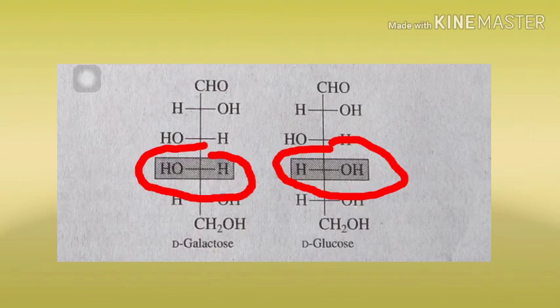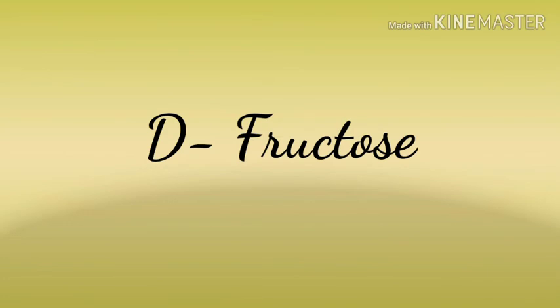Galactose and glucose differ in their configuration of the OH group and the H group. So they are epimers, meaning stereoisomers that differ only in their configuration at one chiral center. Fructose is known as levulose or fruit sugar. It is found in many fruits and is present in honey, in an equal amount with glucose.